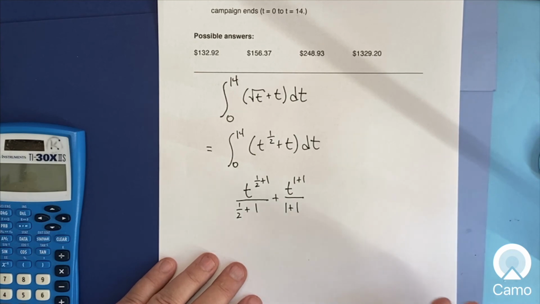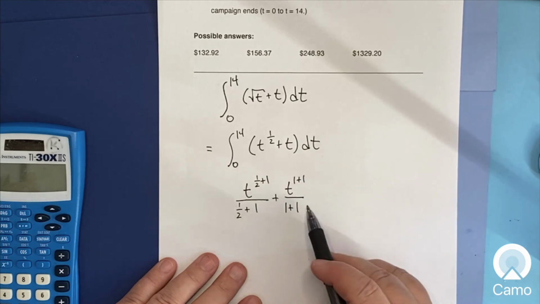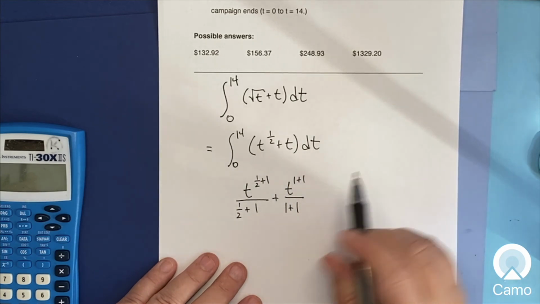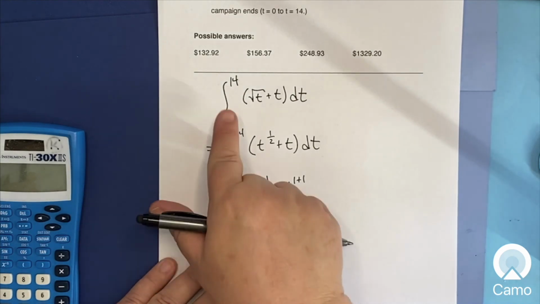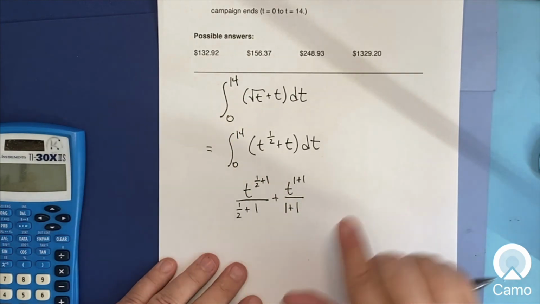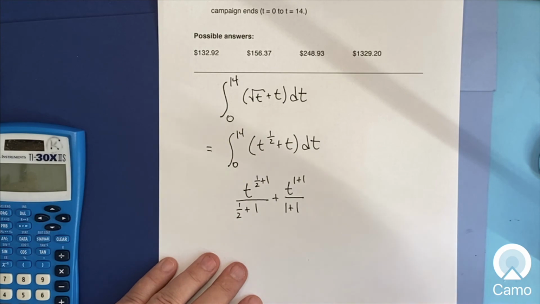Now, you'll recall that normally when we're taking the antiderivative, we do plus C. But remember when we're doing a definite integral, then we don't use the plus C. We don't have to. You can, if you'd really like to, go ahead and put it in. I used to put it in and then it ends up canceling out. So it's up to you.